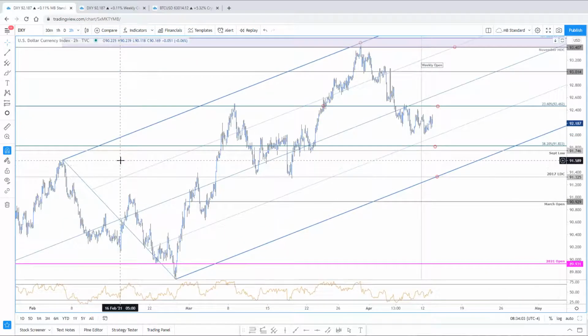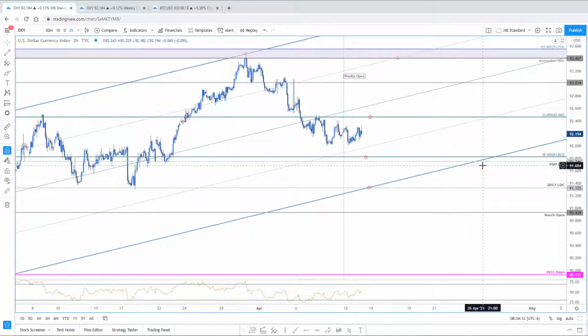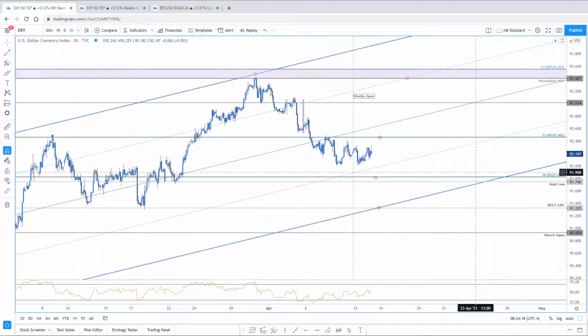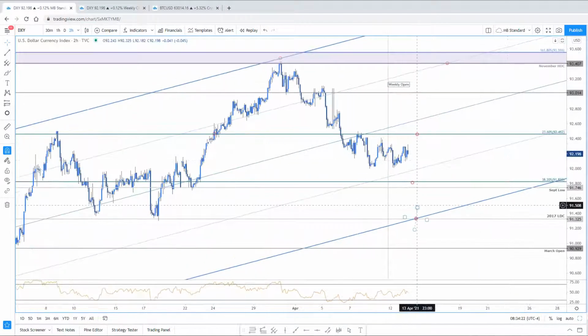You've broken a major former swing high, former swing low, slope support. It's all over if 91.30 gives out. So again, at this point, low conviction. We're waiting for a break of this near-term opening range for guidance. And until that happens, I think you've got to be a little bit reserved. Keep some powder dry.